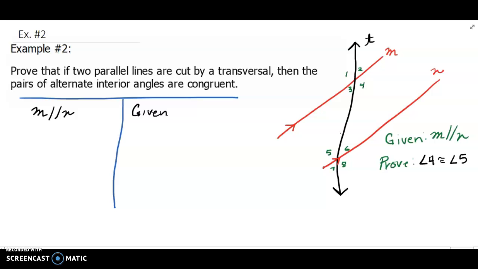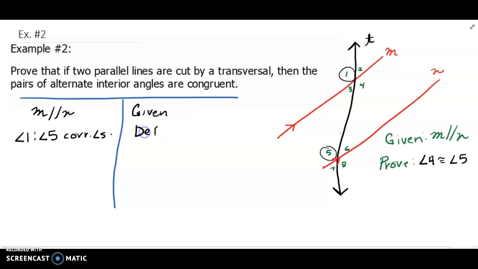Okay. Now, if these two are parallel, would you agree that angle 1 and angle 5 are corresponding angles? Angle 1 and angle 5 are corresponding angles.